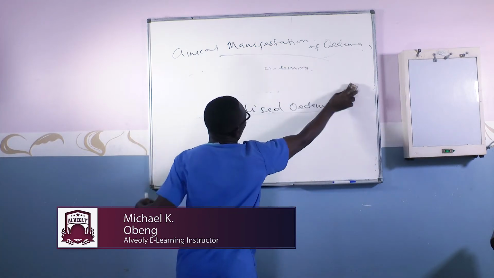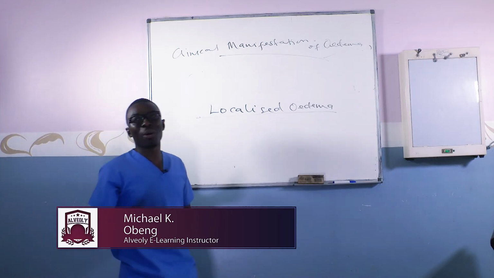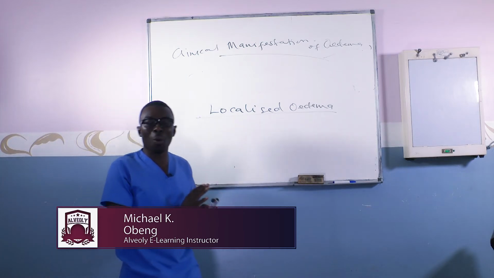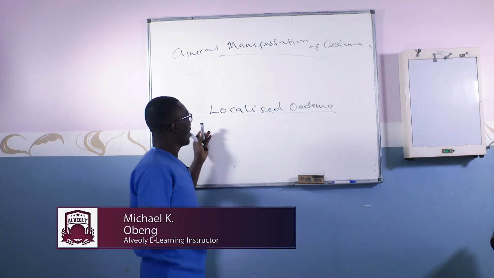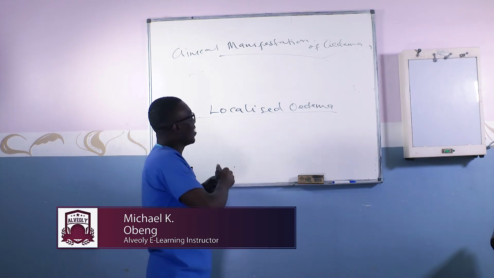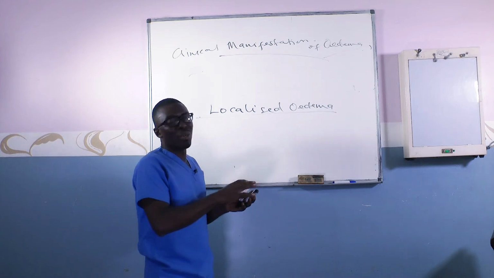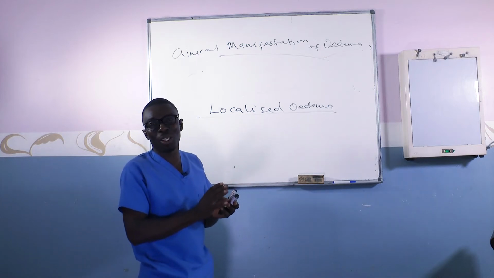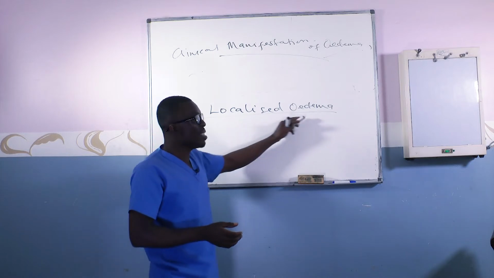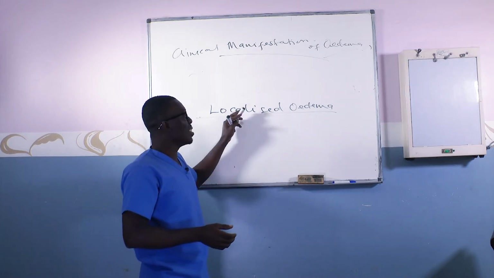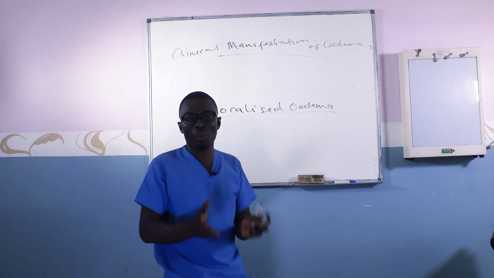When we say local, it means that something is occurring at one place or one portion or one part of our body. For instance, the word local anesthesia means that we are going to make just a small portion of our body anesthetized. So localized edema implies edema occurring at only one portion or one part of our body.